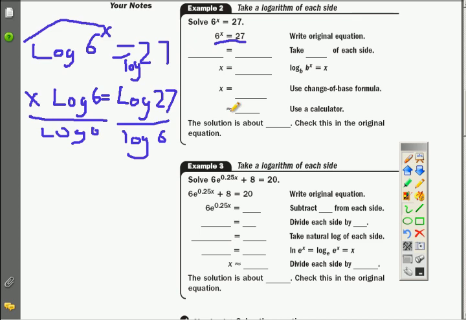So let's do a log base 6. This would mean log base 6 of 27 equals x. And then they did a change of base: log of 27 divided by log of 6. Same thing I did. For whatever reason in my brain, that just works a little better for me.